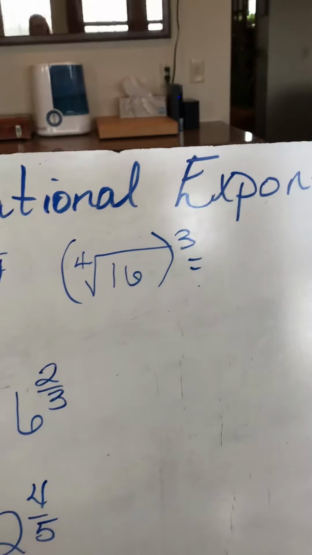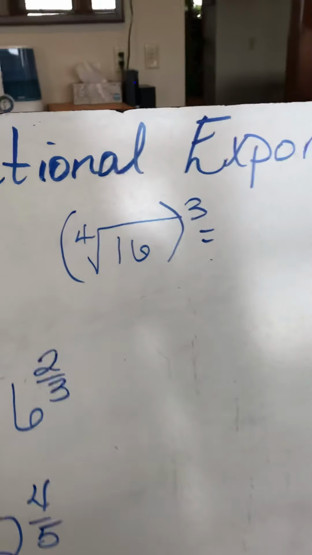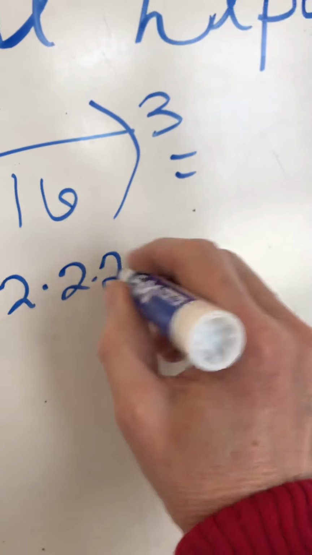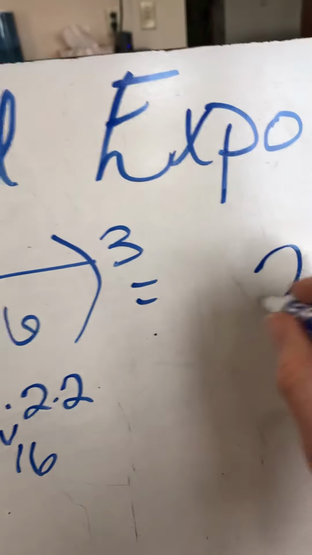So we have to think in our mind, what times itself 4 times equals 16? 2. 2 times 2 times 2 times 2 is equal to 16. So the fourth root of 16 is 2.